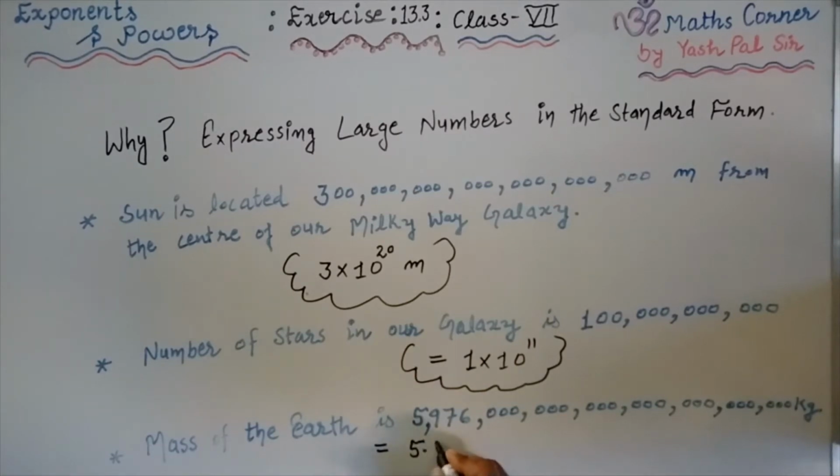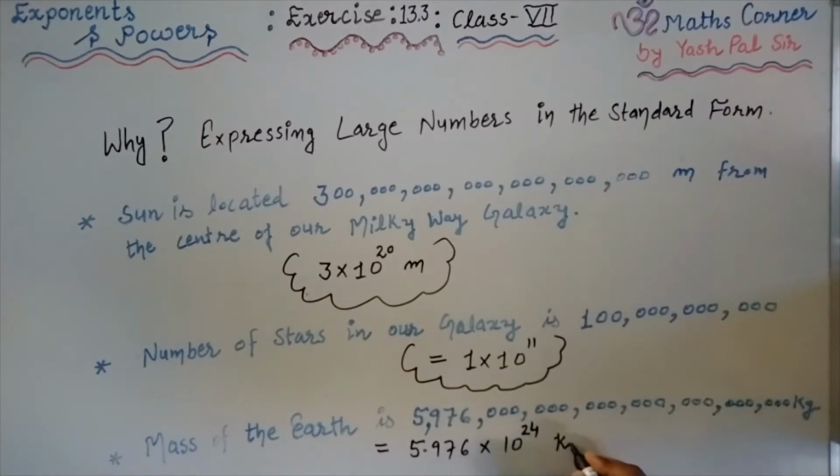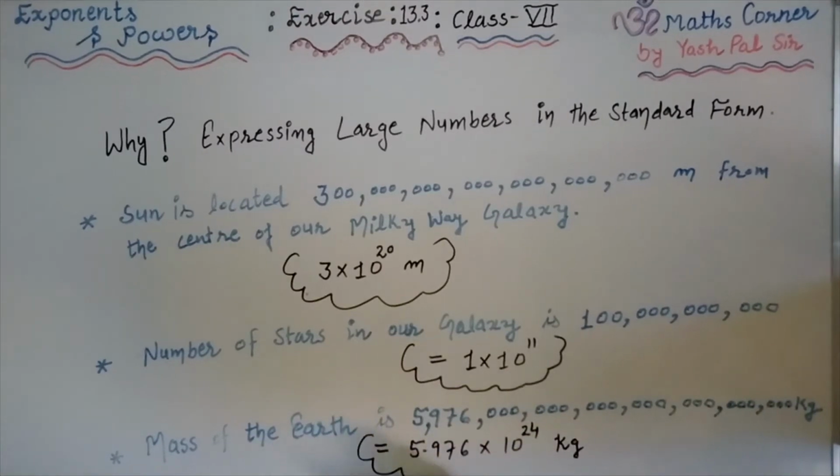We write 5.976 into 10 raised to power, after 5, how many digits are there? 1, 2, 3, 4, 5, 6, 7, 8, 9, 10, 11, 12, 13, 14, 15, 16, 17, 18, 19, 20, 21, 22, 23, 24. So 10 raised to power 24 kilogram. This is the way in standard form we can express this large number.